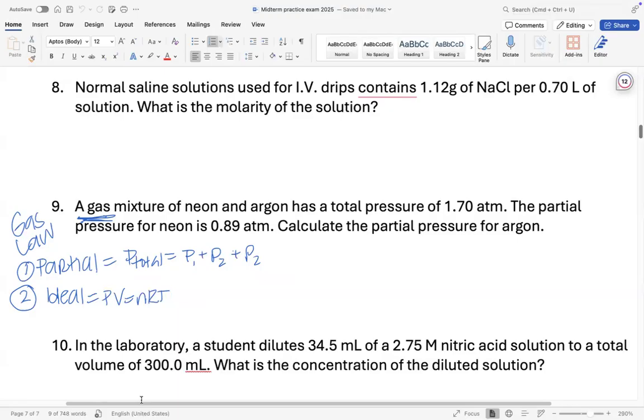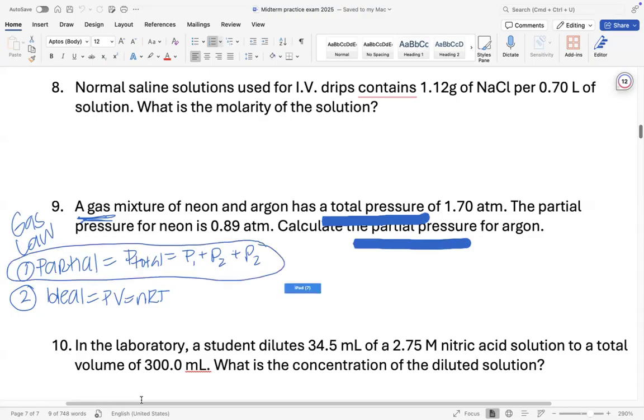So if you see a question that has the word gas in it, you first need to identify which gas law problem it is. Which formula do you need, basically? And this one has the words total pressure and also the words partial pressure. And so that's going to tell me that it's the partial pressure law. So it's the easy one where you add them all up, basically.